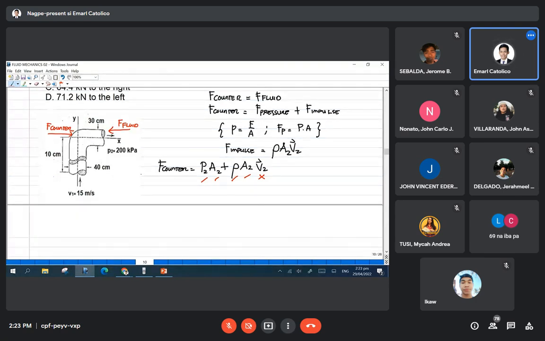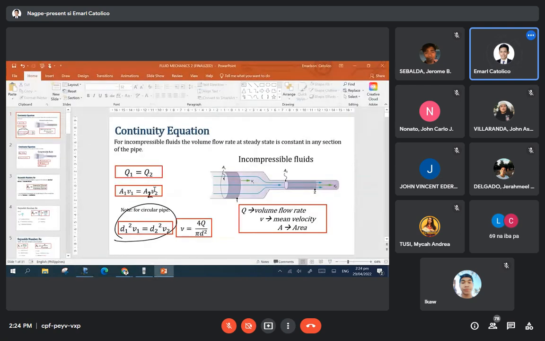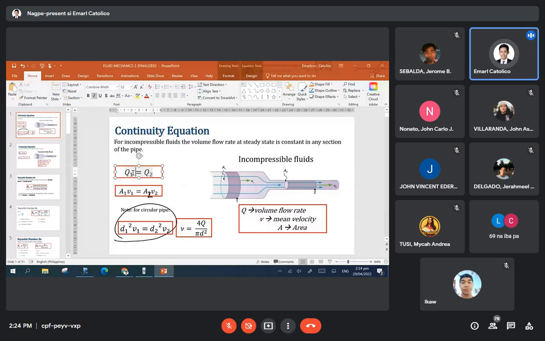Okay. So, solving for velocity 2, gagamit ulit tayo ng conservation of energy. So, ito na lang, no? Q1 equals Q2.